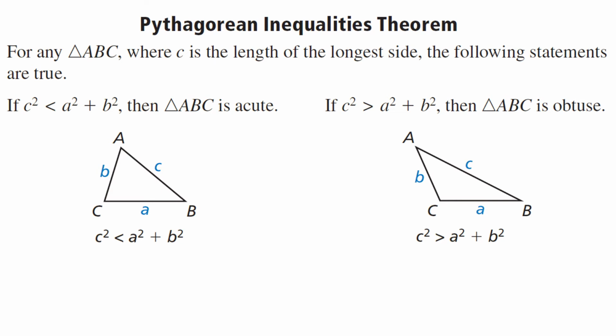So I want to concentrate on C squared. If C squared equals A squared plus B squared, it's a right angle. But if C squared is less than that sum, it's acute. If C squared is greater than A squared plus B squared, then it's an obtuse triangle.